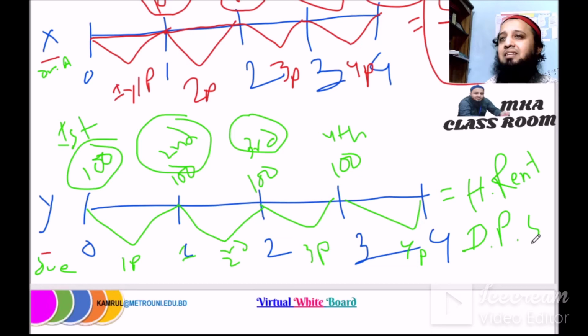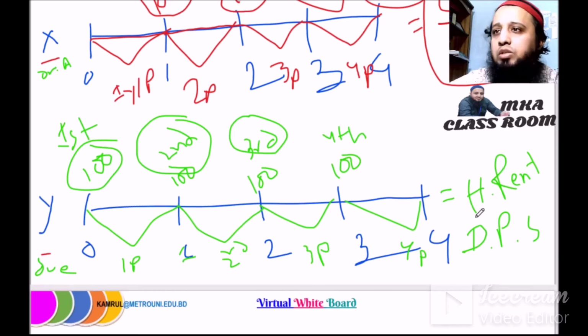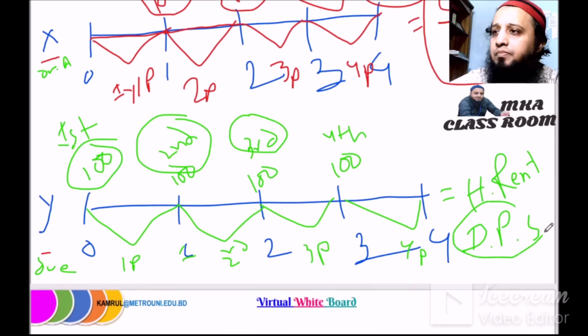So, there is a difference between ordinary annuity and annuity due. In annuity due, you get an extra 1 period's interest. But in ordinary annuity, you do not get that extra 1 period's interest, because whenever you provide your fourth installment, that is the end of your fourth period.